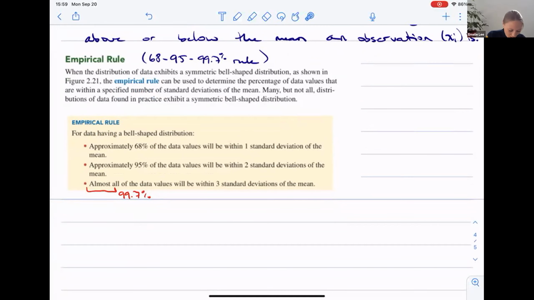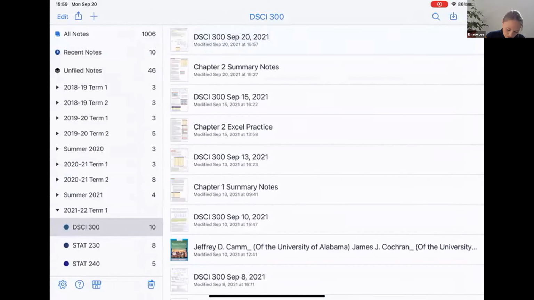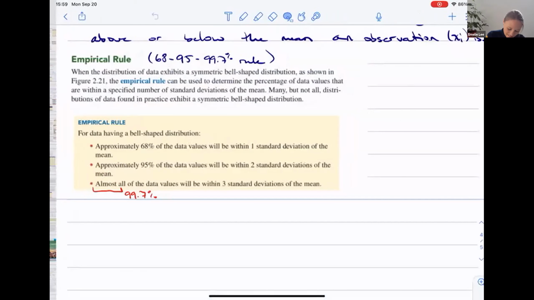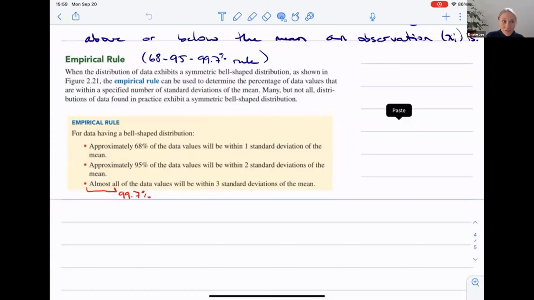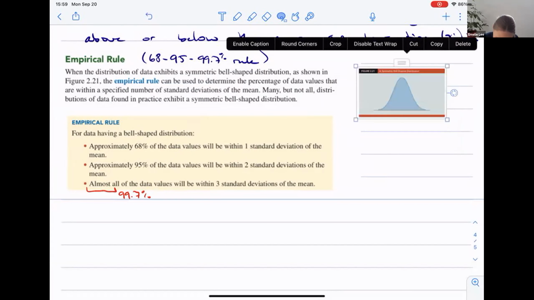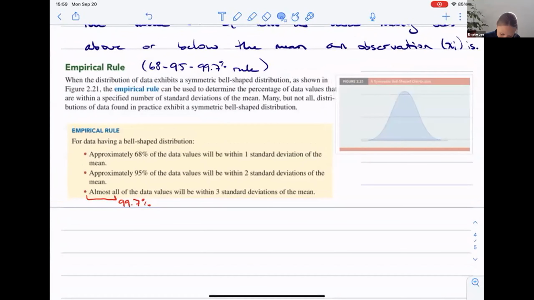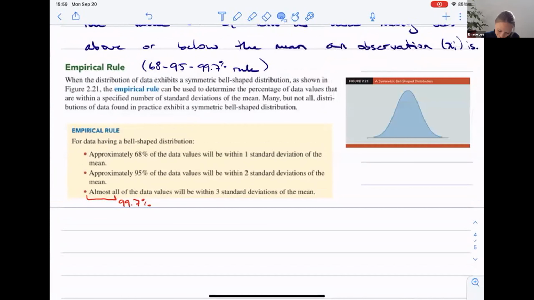So visually, what we're talking about is the normal distribution. Anyways, what's going to happen is that the mean is in the center here.